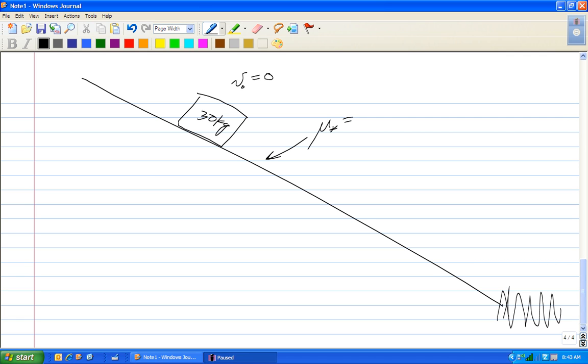Kinetic mu is 0.1, and the static mu is 0.2. We'll keep it relatively simple.